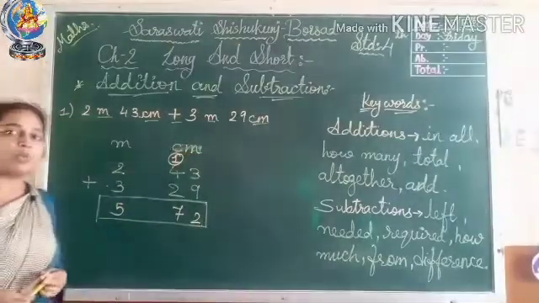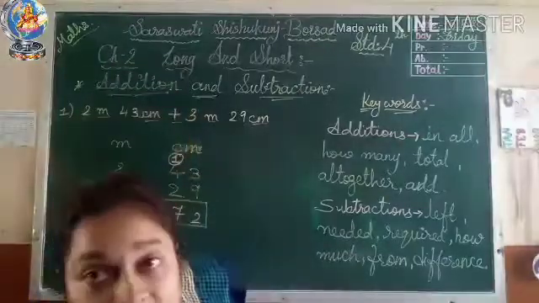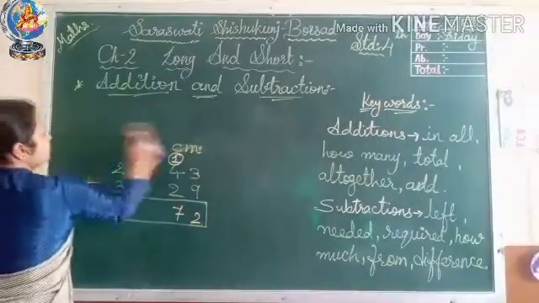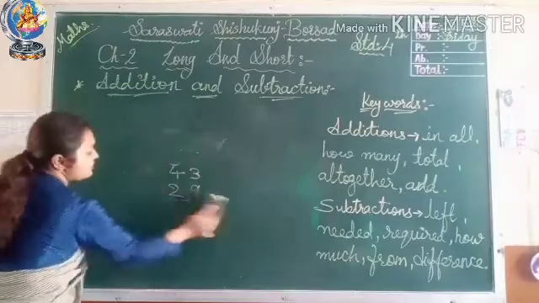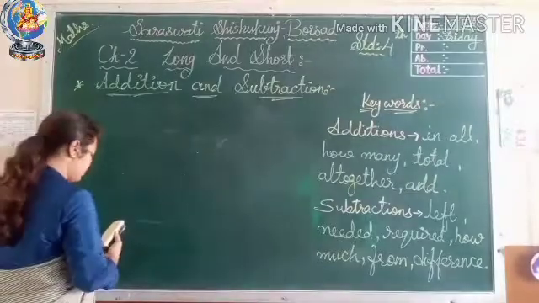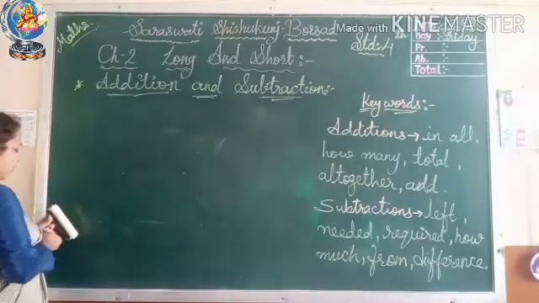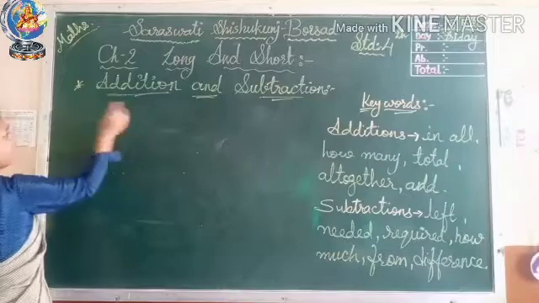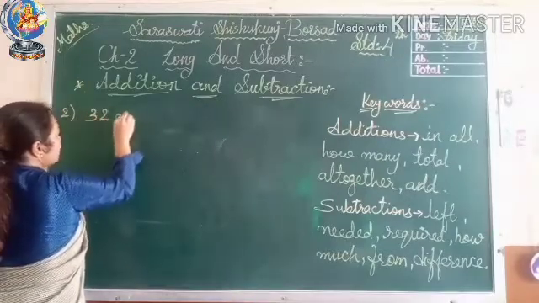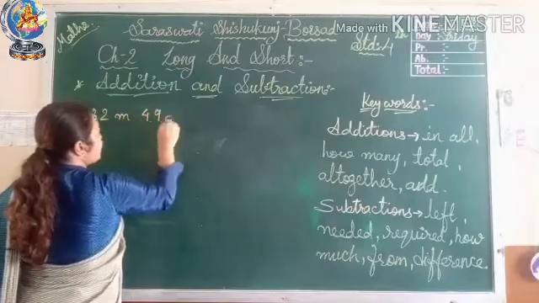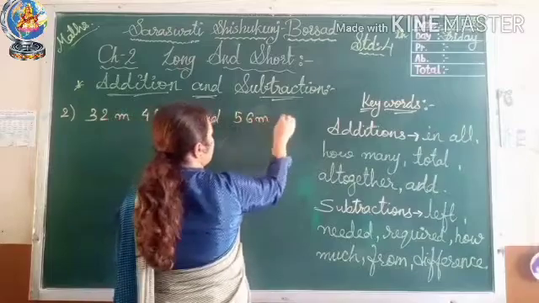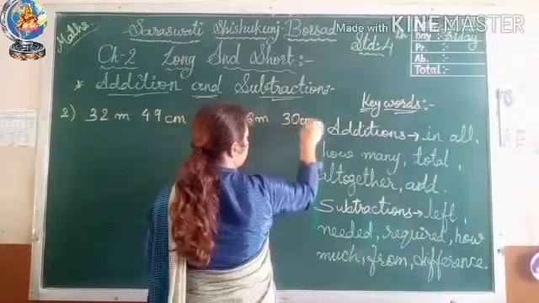Another way, let's have one more sum regarding this. It is a very easy sum which you have seen in your second standard as well as in the third standard, right? So you will not feel difficulty to solve this kind of sums. 22 meter, 49 centimeter and 56 meter, 30 centimeter.